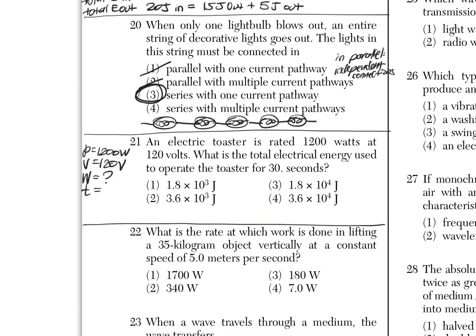And we have the time is 30 seconds. And even though I know the voltage, I don't actually need the voltage because energy is power times time. So that's 1200 watts times 30 seconds, and that's going to get me 36,000 joules, and that's going to be choice 4.